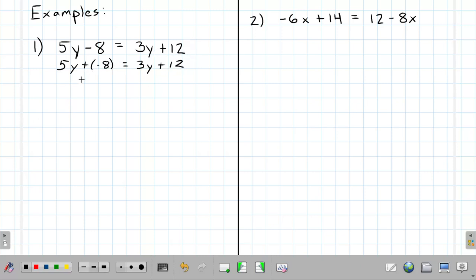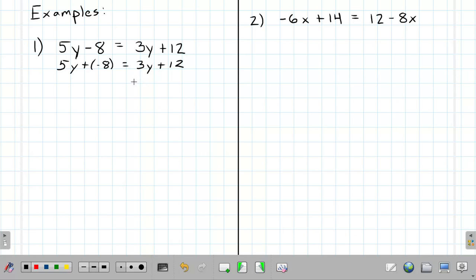Now we see we've got a variable term on the left-hand side, 5y, and a variable term on the right-hand side, 3y. You do have the option to subtract 5y from both sides, but that would move the variable exclusively to the right.